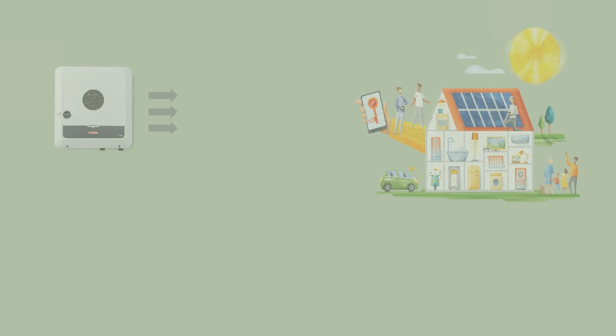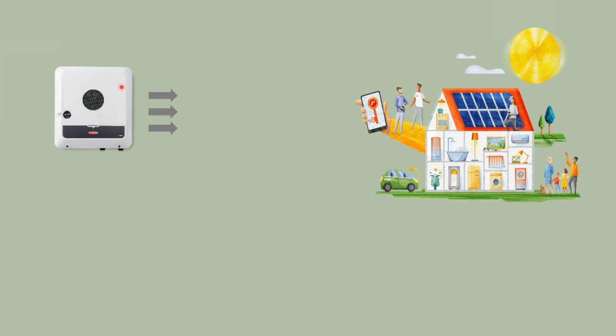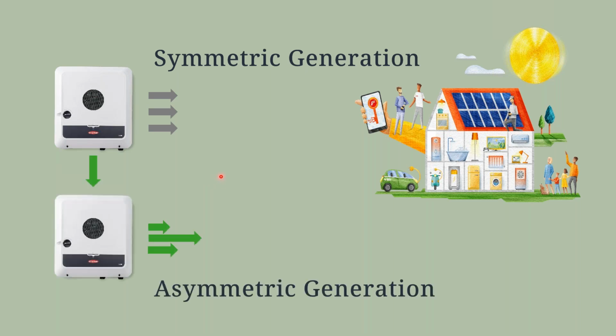Another important aspect that we want to highlight today is asymmetric generation. What we have known in the past is that all Fronius inverters have symmetric output on the AC side. Therefore, if you have a 15 kilowatt inverter, each of the phases would give you a maximum of 5 kilowatt. However, this is not always the best generation, because as we know, the loads or consumption in some premises are not balanced at all.